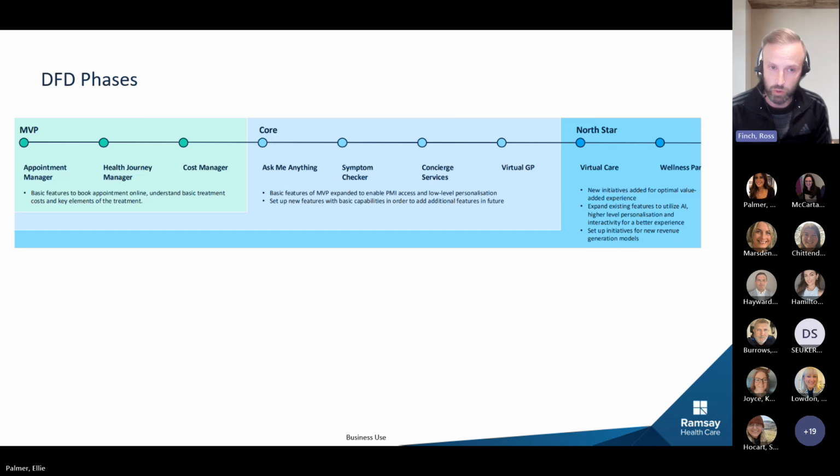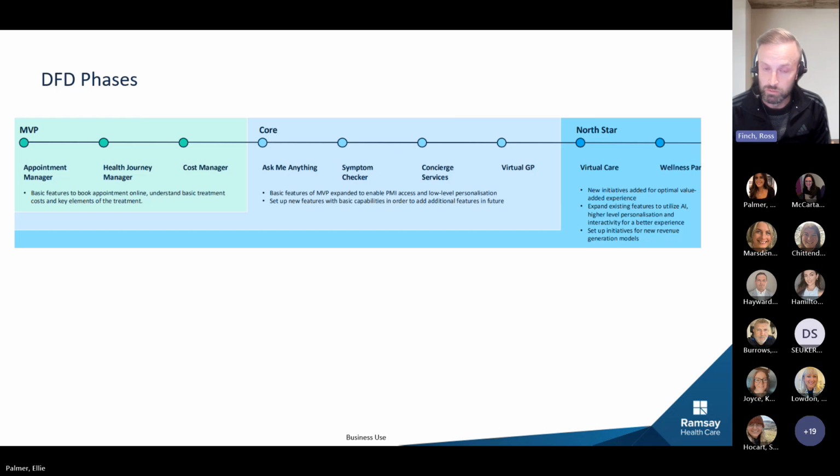So things like portals, where people can be more interactive with them, ask questions, maybe check symptoms, and get some possible referral pathways from that. Virtual GP services, something that we've never done in the past. So the ability to get more into the primary care element of that as well as concierge services. Now that's a little bit more further away, but starting to look at, can we give different options for patients?